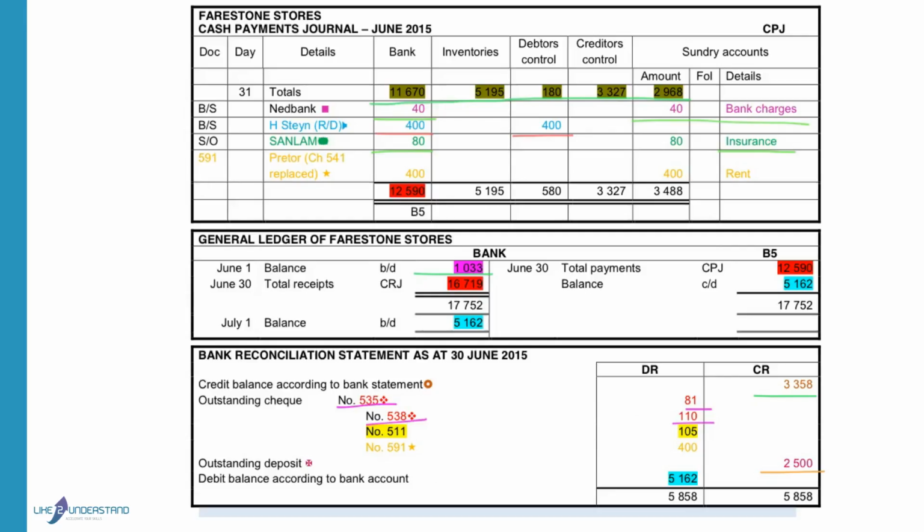In the cash payments journal, my second entry will be to show that we issued a new check again. Now, because this check was only issued, there was no way that the person could have paid it in at the bank already. So the third very important factor there is that this is an outstanding check of 400 Rand. So we must not forget to do this third entry, because if we issue an additional check while we are busy with the bank reconciliation, it means that this will be an outstanding check for the future.